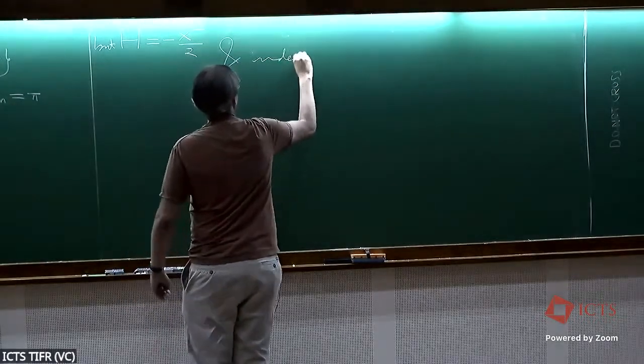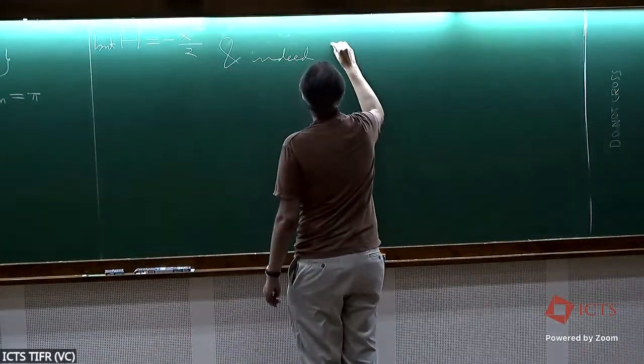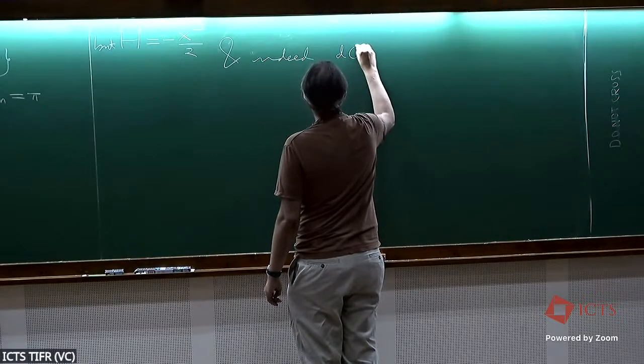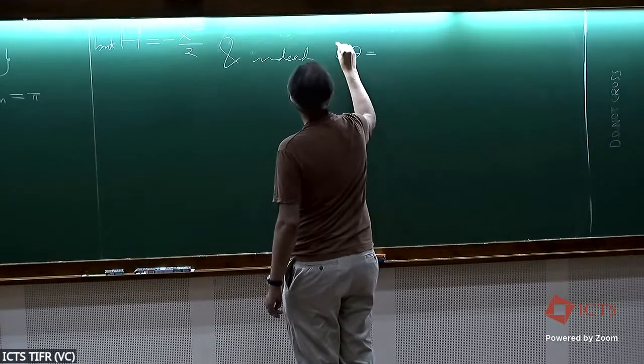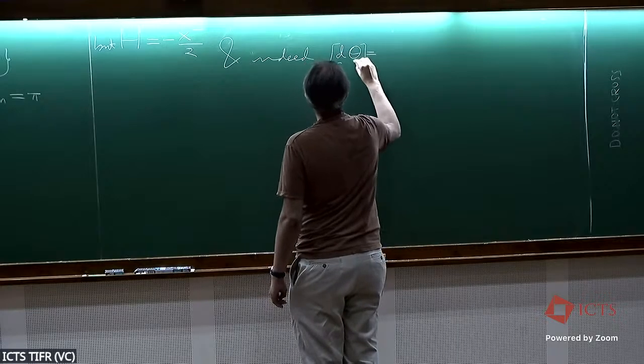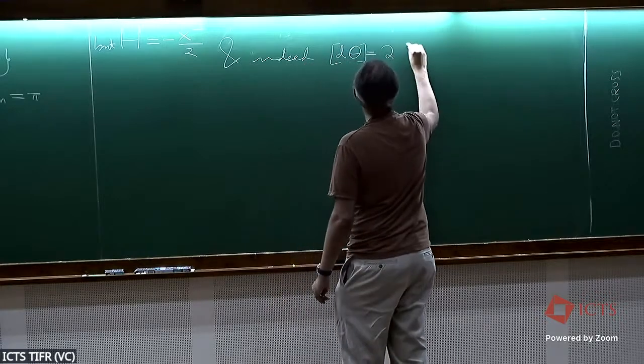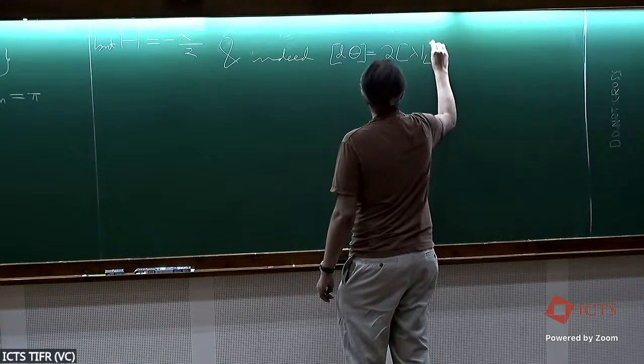And indeed, we see that the class of d theta is just 2 times the class of lambda. Actually, it is just 2.